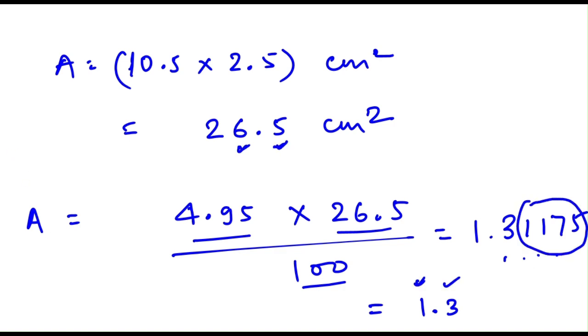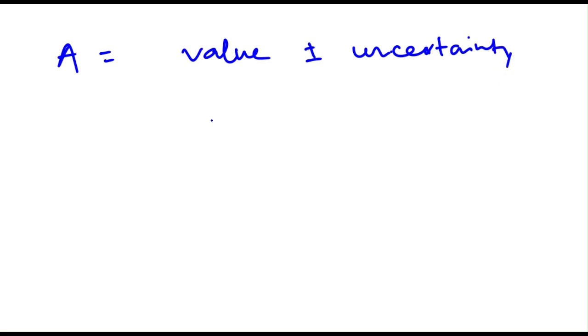Okay, so how can we report this area? Look, we generally report the value plus minus error or uncertainty. So the value is 26.5 plus minus the uncertainty, 1.3. And now it's time to make an estimation so that we have the number of significant figures in accordance with the rules we have discussed.